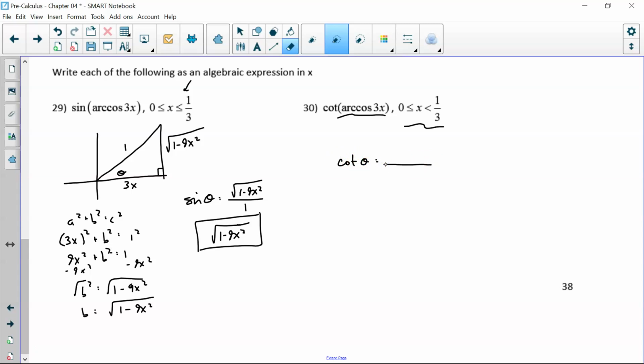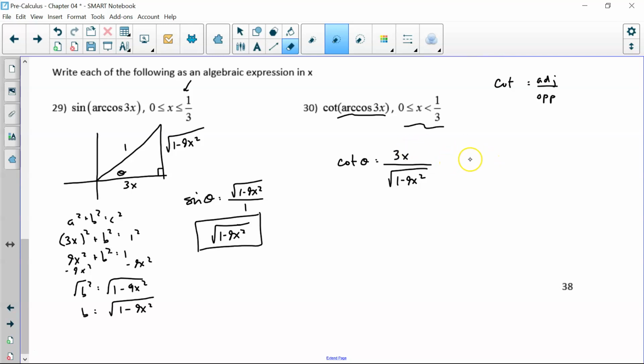Is the reciprocal of tangent. So cotangent is adjacent over the opposite. So the adjacent is 3x over the square root of 1 minus 9x squared. Now we shouldn't leave it like this. So what we should do is rationalize it.